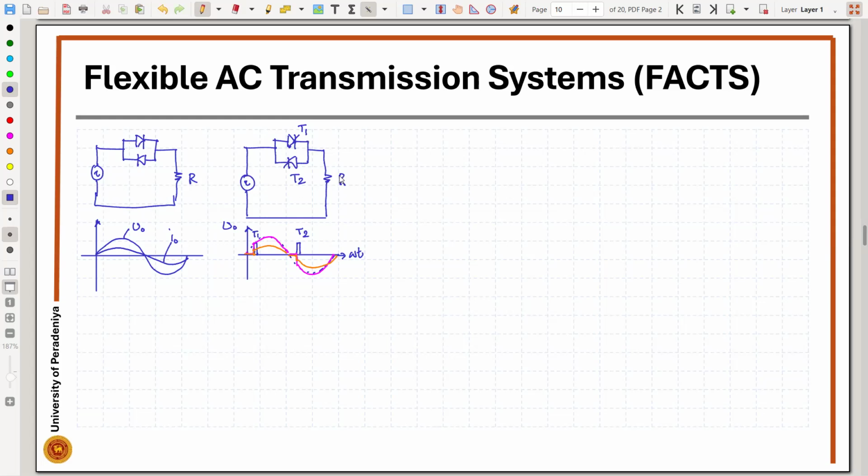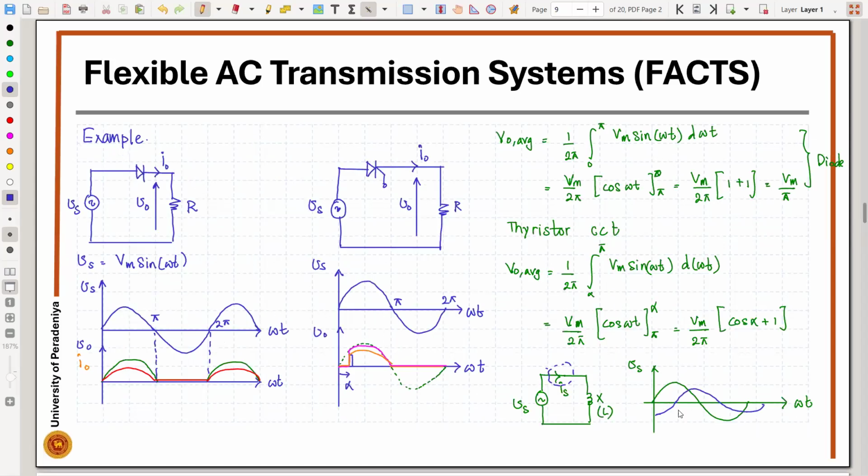So if you have a circuit like this, with VS and L, or X value, then we are going to have this kind of waveform.